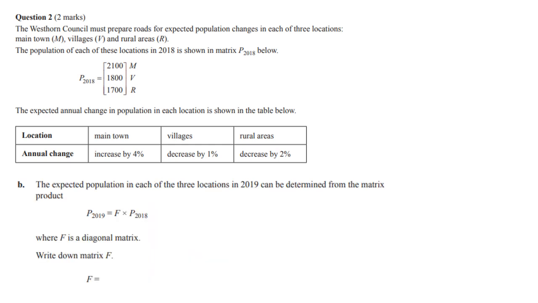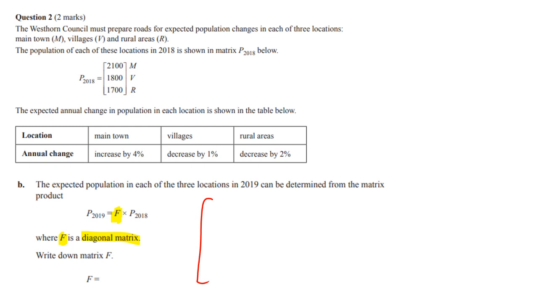Now it says you could actually have done that a proper matrix way. They're trying to make you show that you can do this in a matrix way. So instead of doing each element individually like I did, they say we want to find this F that will make that whole thing work. And since you've already got the answer in the previous question, you know what you're supposed to be getting. F is a diagonal matrix, so the only diagonal that matters is the leading diagonal.